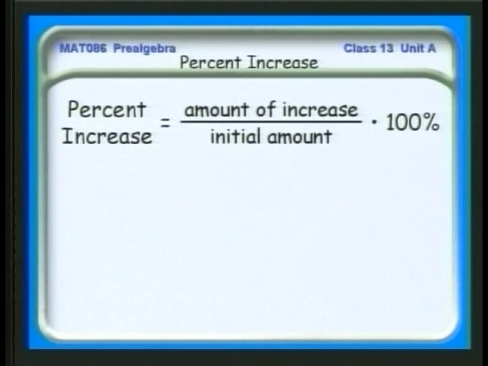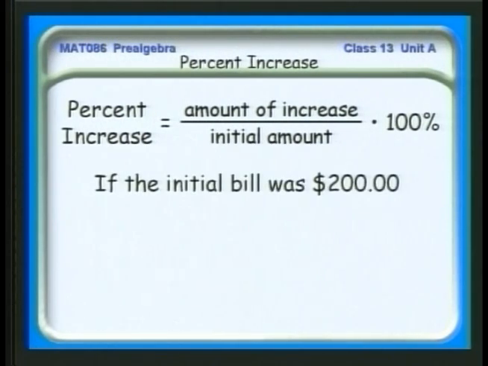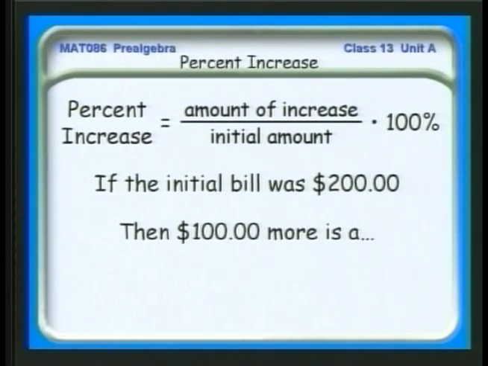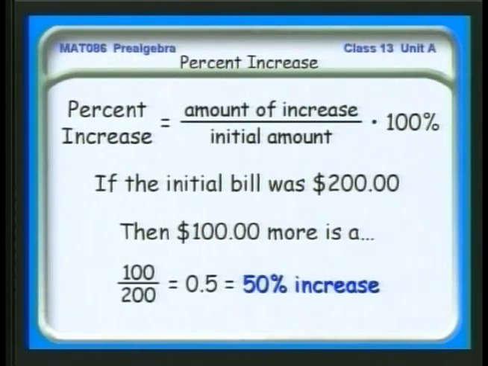We're going to start with that original definition. The percent of the increase is the amount of the increase over the initial amount. Suppose my initial bill was $200. Then I could calculate $100 more added to that. That's the amount of the increase over the initial amount.